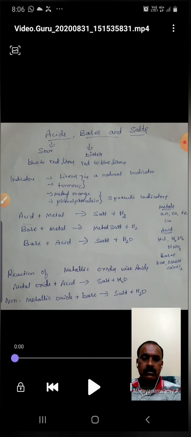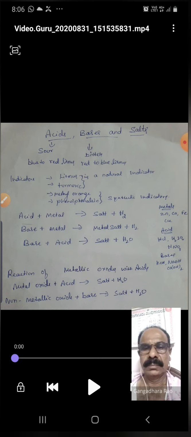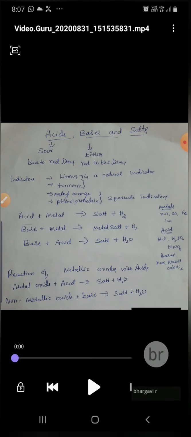And the next one is the reaction of metallic oxides with the acids. What happens when metallic oxides react with acids? Even they form salt and water. And what happens when non-metallic oxides react with base? Same, they too form salt and water.